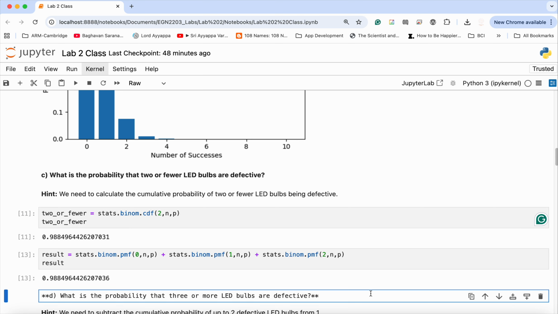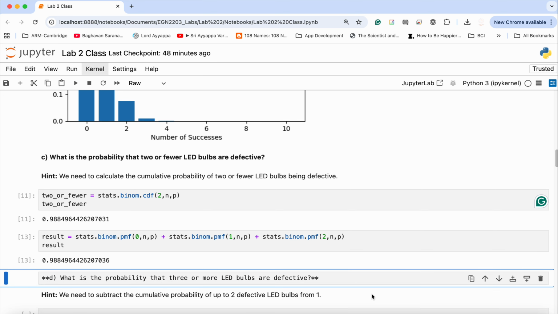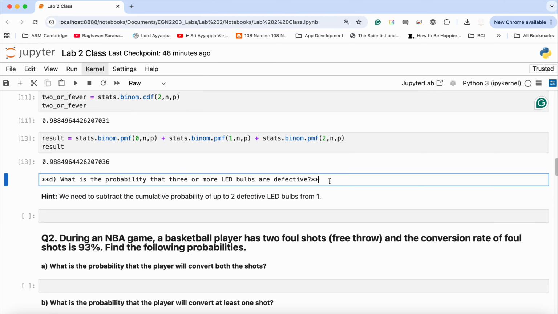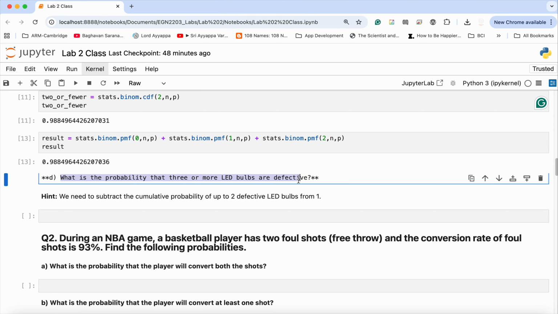Now just to go to the last question here, what is the probability that 3 or more LED bulbs are defective?